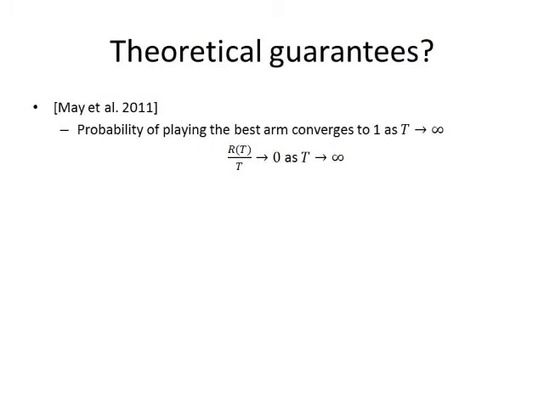And that's captured in this theorem of May et al. The probability of playing the best arm converges to 1 as t goes to infinity, which is the same thing as saying that regret over time goes to 0 as t goes to infinity, or regret is little o of t. So this was basically the only thing that was known about Thompson sampling.